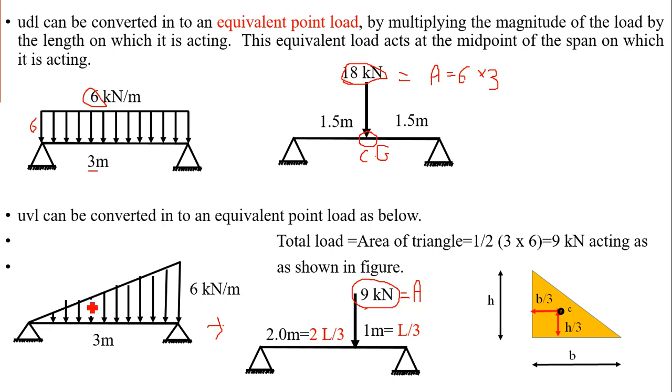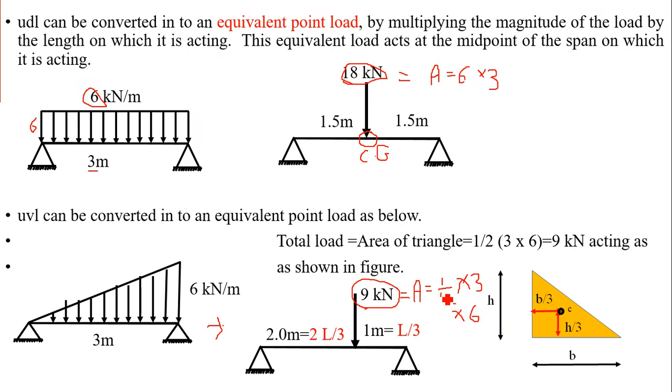Now the shape of the load is a triangle, so the area of the triangle is half of base, which is 3 meter, into height of the triangle, that is the intensity of load, which is 6.